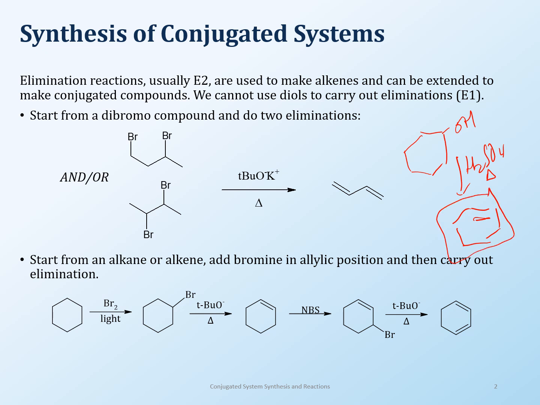If you have something like this, that puts you right here. Then you can go ahead and do the NBS and then do the second elimination. But you cannot take a diol and then do 2 eliminations to get a diene. That's not how it works. So be careful with that.